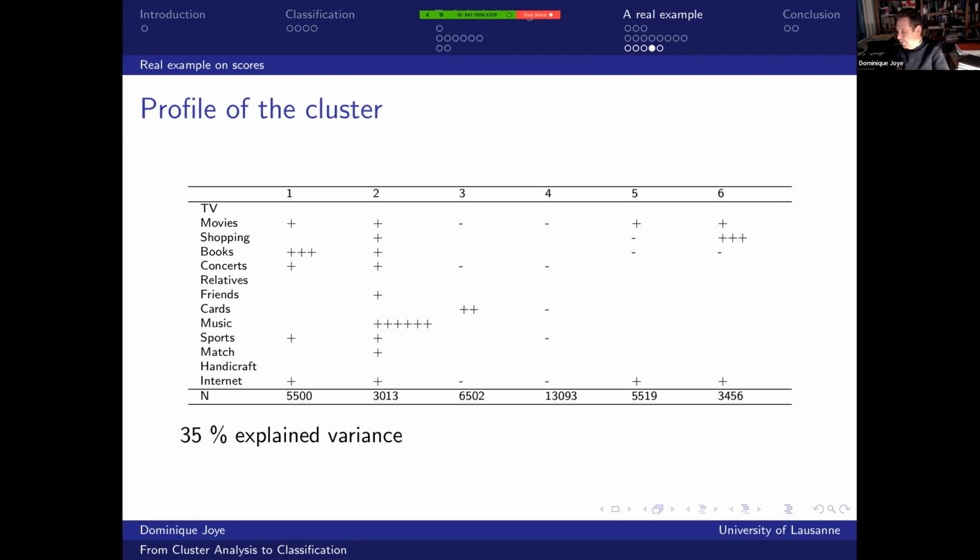Group 4 is, first, the biggest one because it has 13,000 people, which is much more than the others. So probably it's a group which is not so far from the mean, just because it's the biggest one. That's a result that we often have. It's a group which is more or less near the mean, so not so well characterized. The other point about group 4 is that you have only some minus.